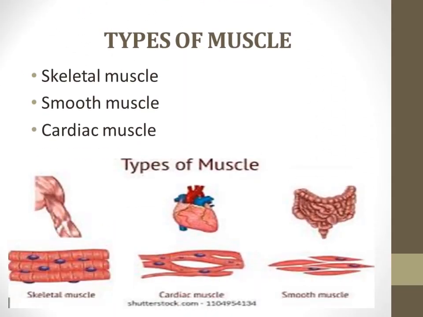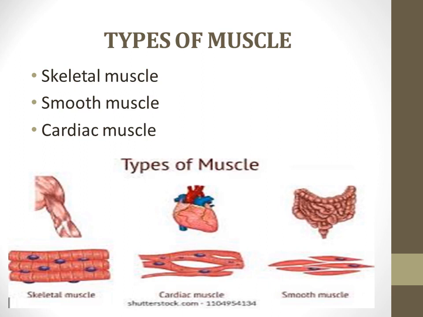So these muscles are of three types. Hope you may have learned this in the lower classes. There are three types of muscle. One is skeletal muscle, another is smooth muscle, and the third is cardiac muscle, right? The first one in the displayed figure is skeletal muscle.